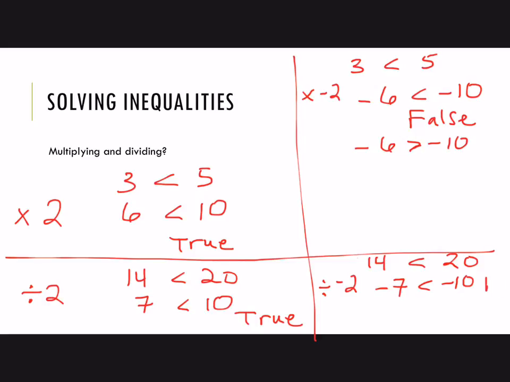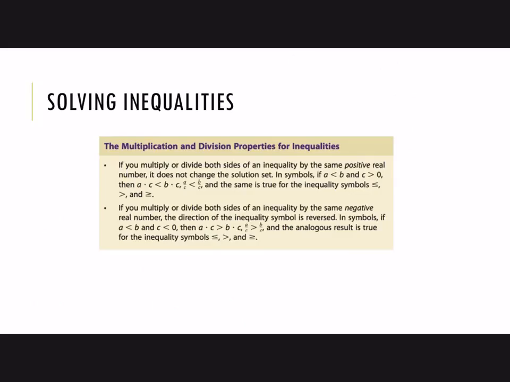I ran out of room there, I'll just write an F for false. The true statement would actually be that negative 7 is greater than negative 10. This leads to an additional property. If you're multiplying or dividing by a positive number, then it does not change the solution set.